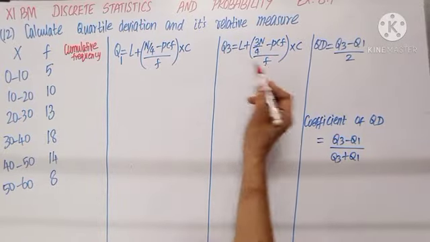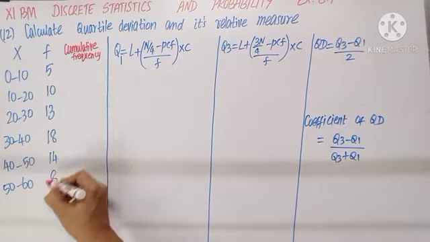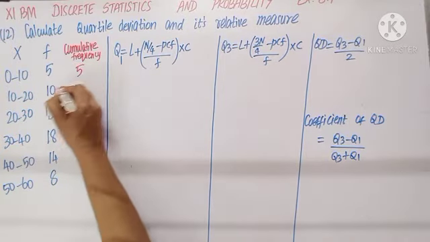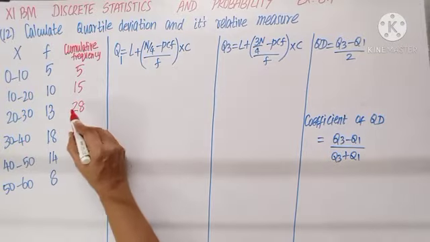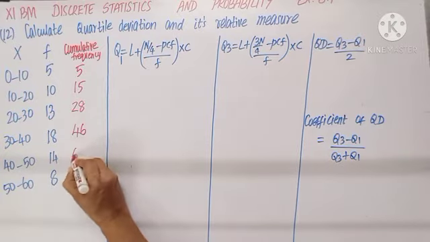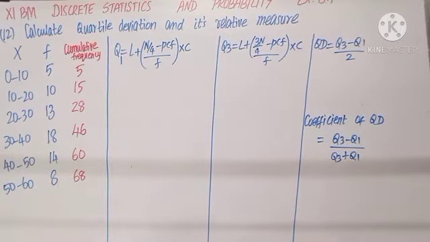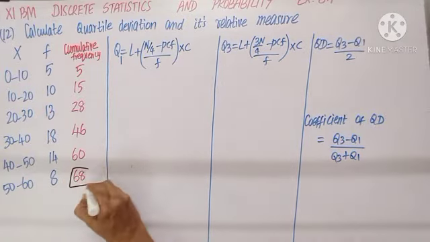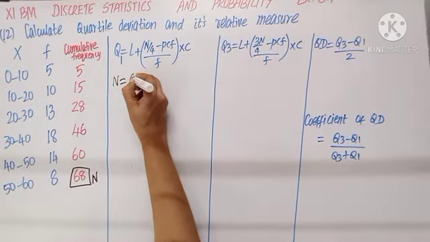To do it, let us find out the cumulative frequency. Keep on adding frequency. 5, 5 plus 10, 15. 15 plus 13, 28. 28 plus 18, 46. 46 plus 14, 60. 60 plus 8 is 68. As we calculate, we must know the total frequency is given by this last number that we term as N. N equals 68.